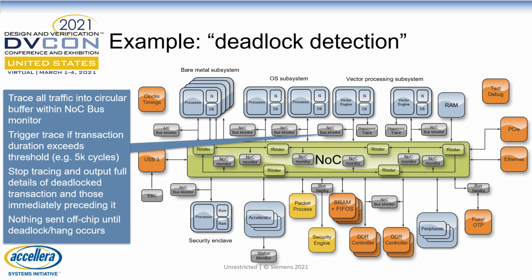When the NOC monitor detects this condition, that is, the response takes more than this configured amount of time, then those transactions that led up to the hang or that deadlock are already in a circular buffer within the NOC bus monitor itself. Now those transactions can either be pushed out or pulled out via some software entity, either off-chip or on-chip, for further analysis.